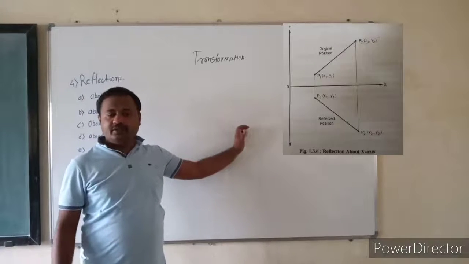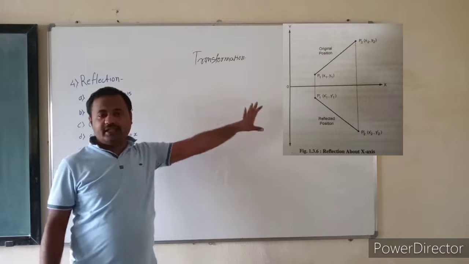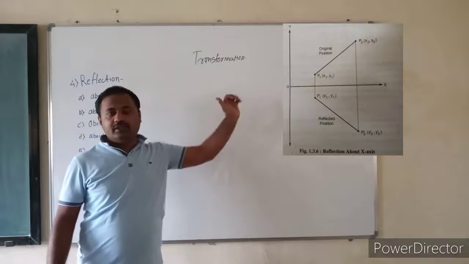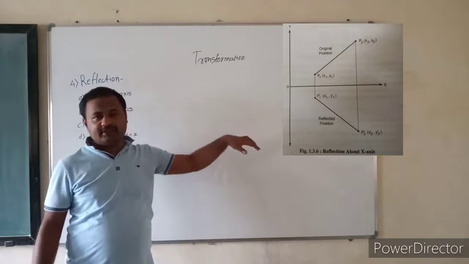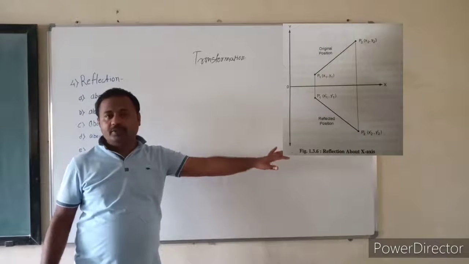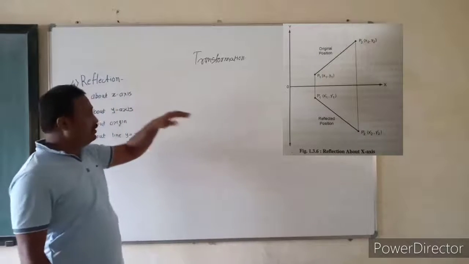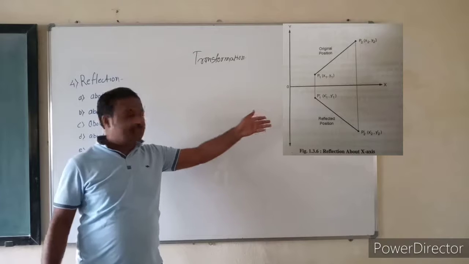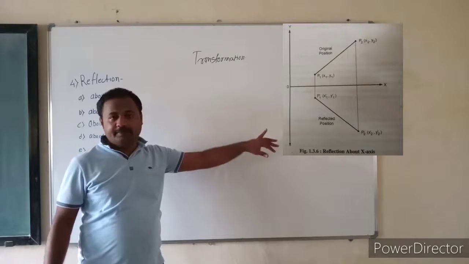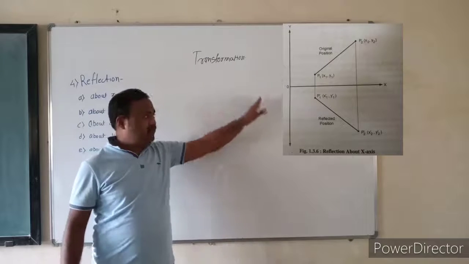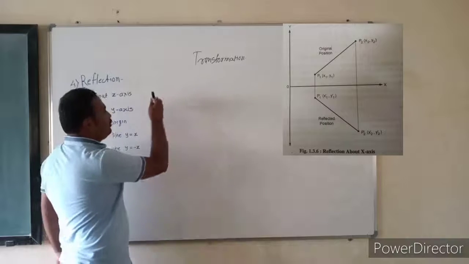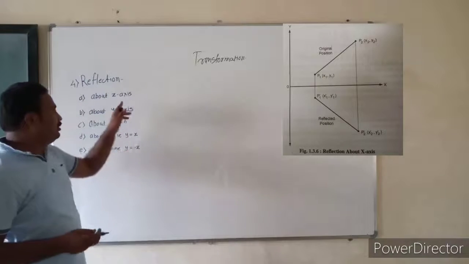In the diagram, we see the reflection about the x-axis. The line P1, P2 is reflected about the x-axis, meaning the horizontal axis, to P1 dash, P2 dash. We already know if it is reflected about the x-axis, then the y coordinate becomes negative.